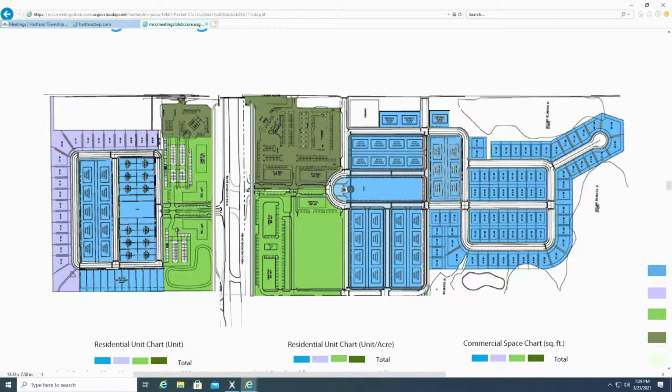Is the property right here owned by you? Those are homes, existing homes. I like 90% of what I've seen, but I'm a little concerned about a secondary way of getting out of there if there was a problem up here.